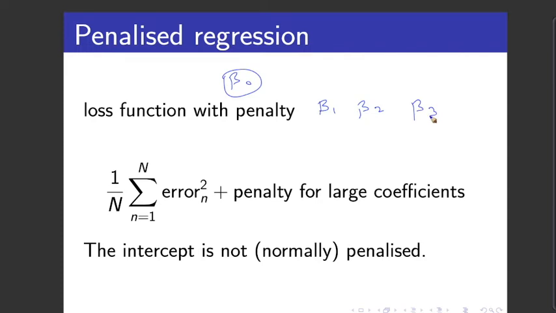Very simply, we can sum up the square of the coefficients. That's one possibility. Another possibility, you've probably guessed it already, is we can sum up the absolute value of the coefficients. Either way, we need to be able to control the amount of the penalty, and we do this by multiplying the penalty by lambda.